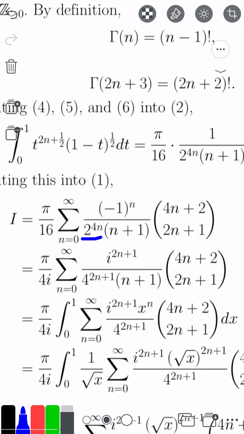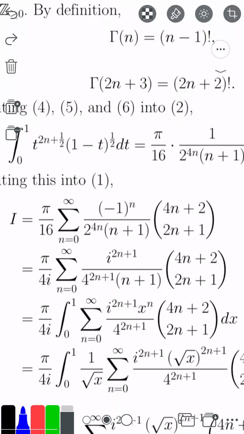And we want to have 4 to the power of 2n plus 1, and I'll tell you the reason why later. So we will take one 4 from this, and so we only have 4 left here. So in the denominator we get 4 times 4 to the power of 2n plus 1.